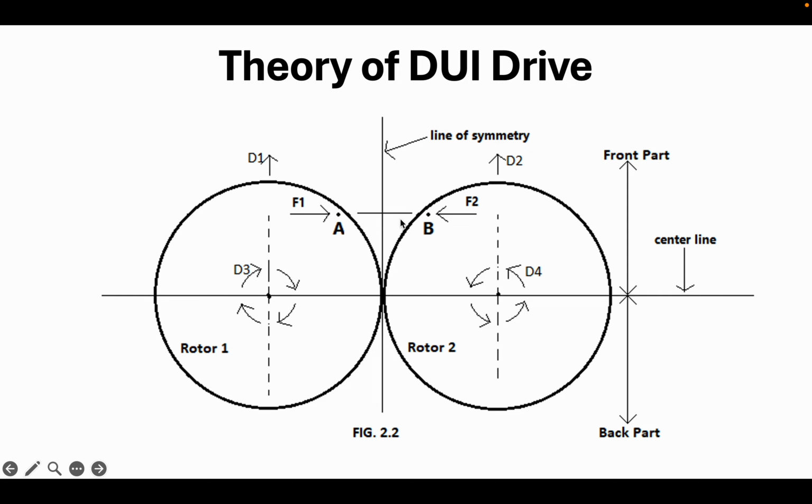This center line passes through the contact point between the two rings and through the centers of both the rings. When two forces are applied at these two points, a linear movement is achieved in this direction, D1 and D2. The rings move in this direction, and as a byproduct these two rotors rotate in D3 and D4 directions.